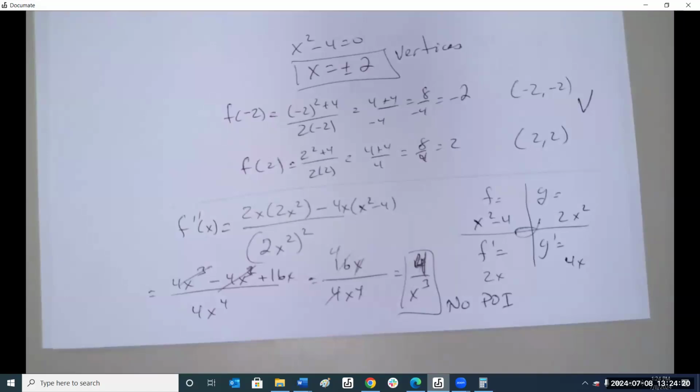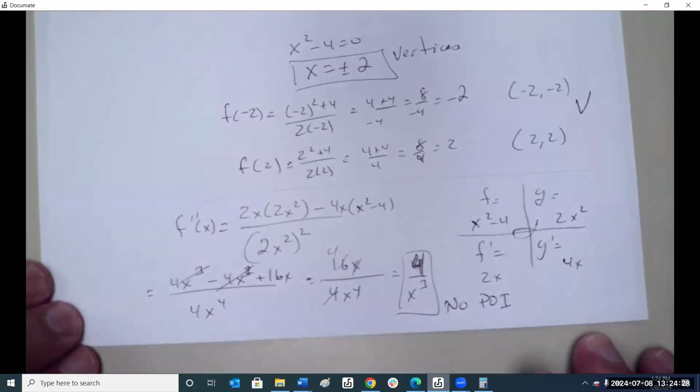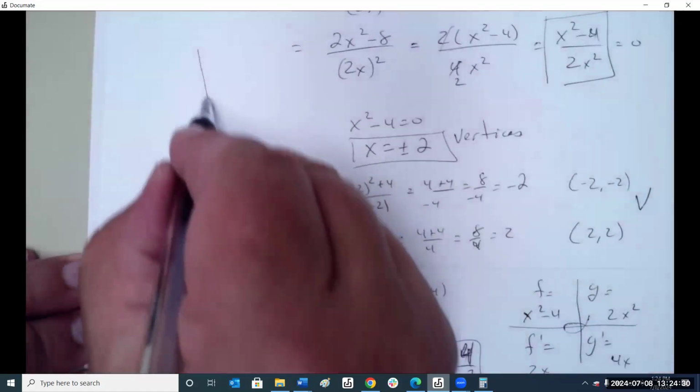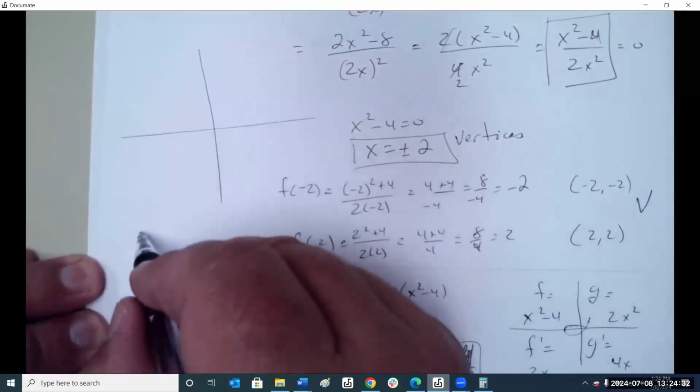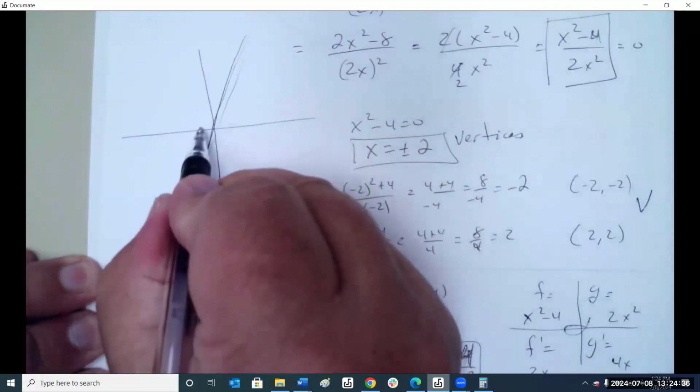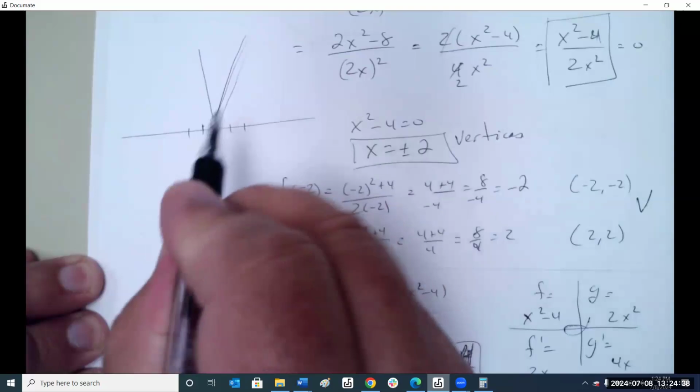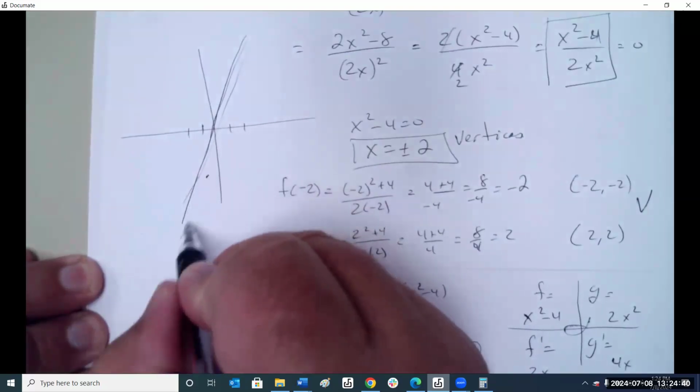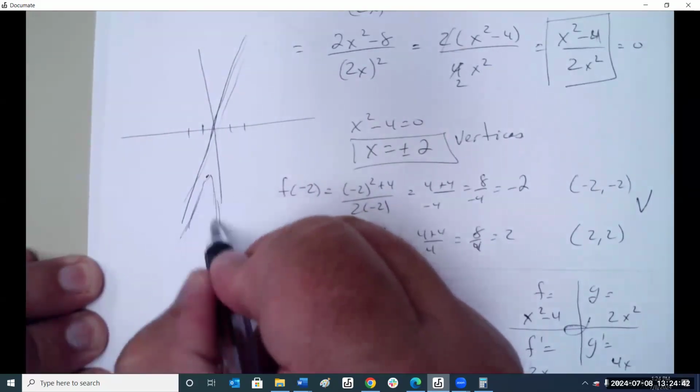But we have a vertex at 2 and -2. That is because the graph is going to look like this. It's symmetric about that line. So the graph looks like this.